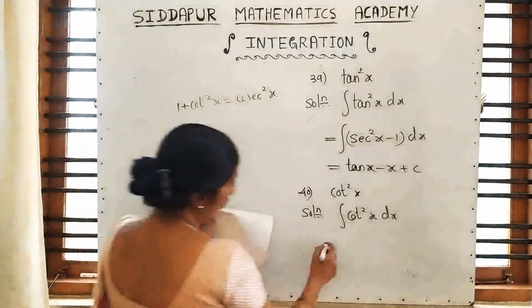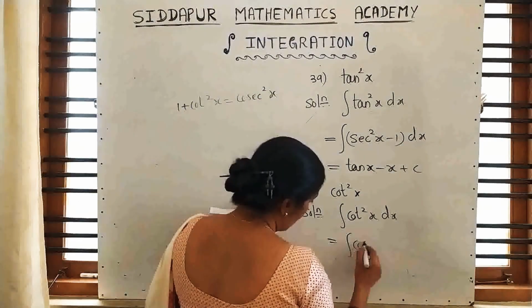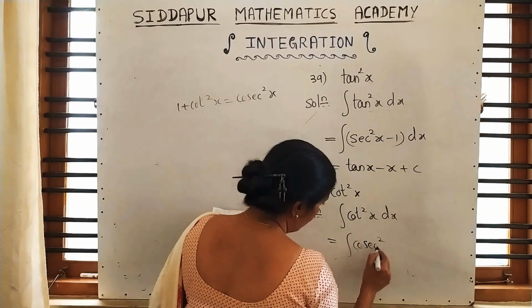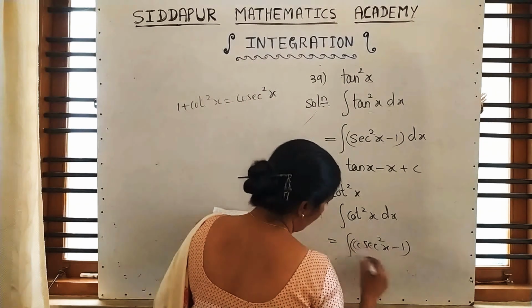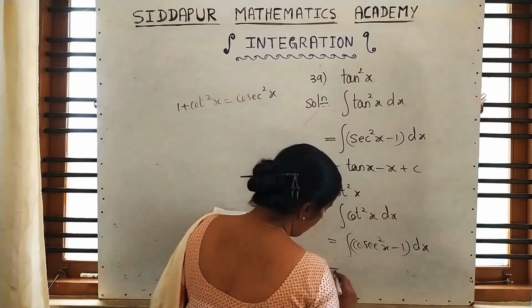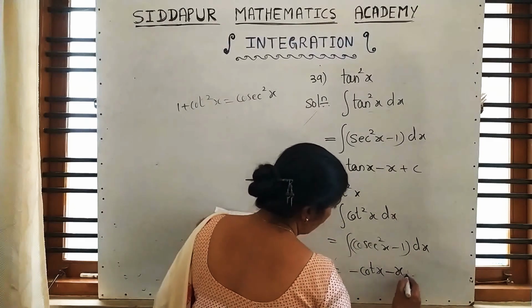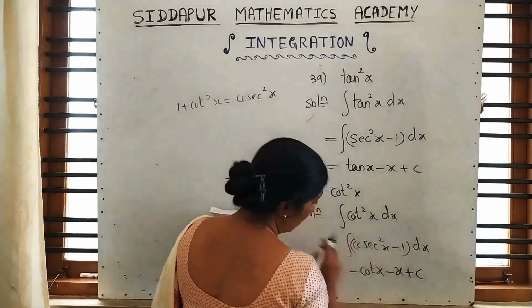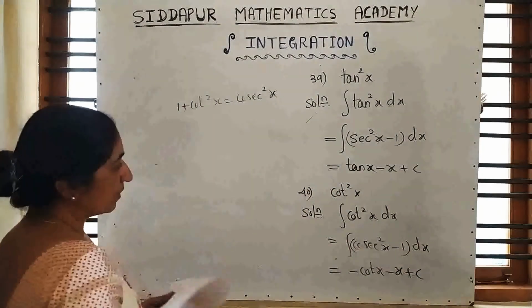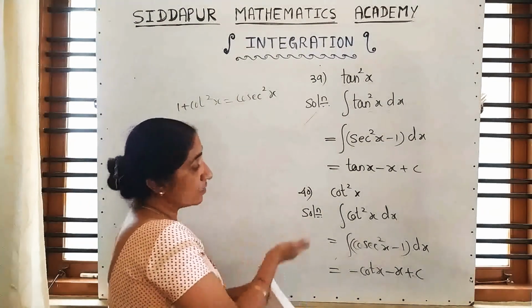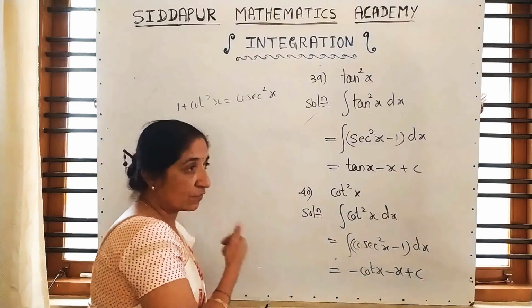When you rearrange, we will get cosecant square x minus 1. And what is integration of cosecant square x? Minus cot x. Integration of 1 is x plus c. So it is very simple question. Correct or not? Now I will move to the next question. That is question number 41.